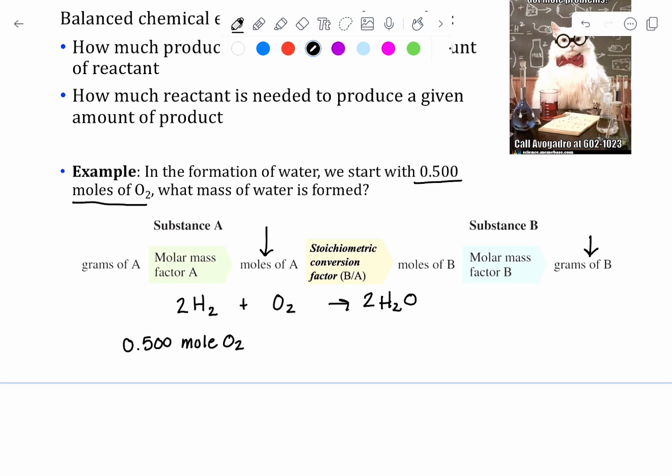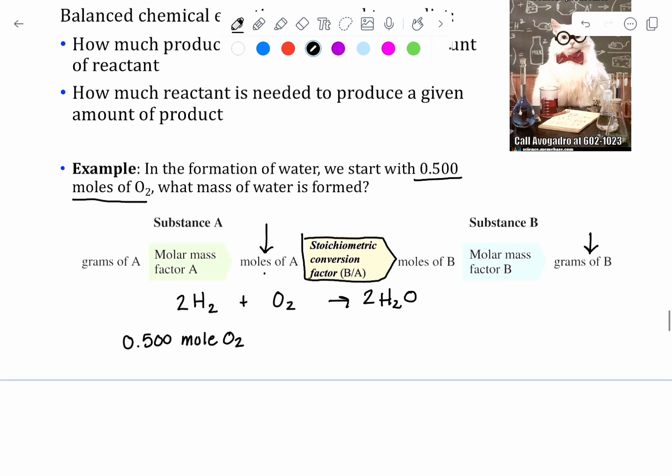So my first step is to use my stoichiometric conversion factor. Okay, that's step 1 to go along the way. So my moles of oxygen, I want to convert to moles of water. So I'm converting from moles of A to moles of B. So I'm going to use my equivalency of 1 mole of O2 is equal to 2 moles of H2O.